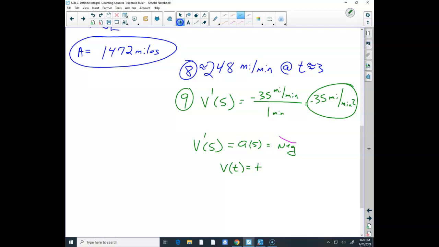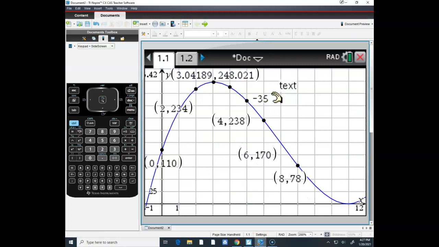And if velocity and acceleration have opposite signs, she's slowing down is one way to see it. Or the other way to see it is because she's up here and she's moving toward the x-axis at that point, she's decreasing, okay? Because she's moving toward the x-axis on velocity, that also means she's slowing down. Remember, moving toward the x-axis on velocity slows down. Moving away from the x-axis on velocity speeds up.